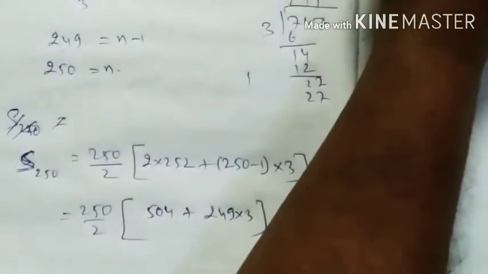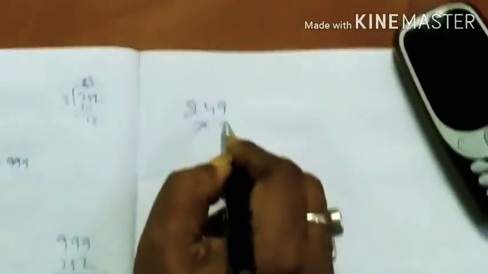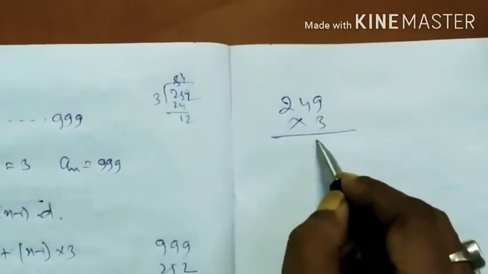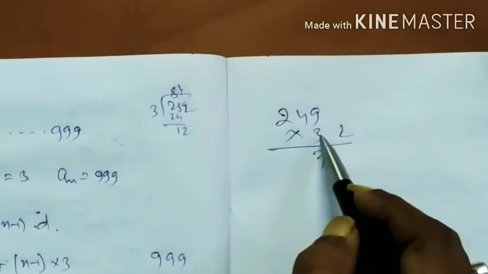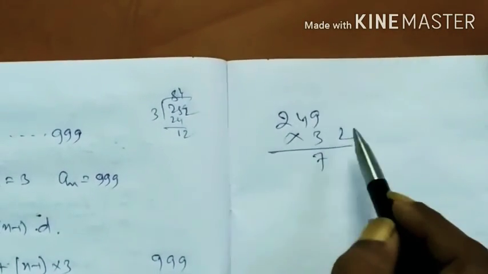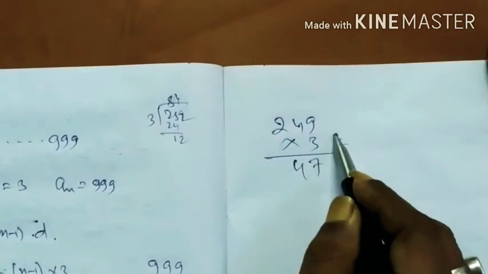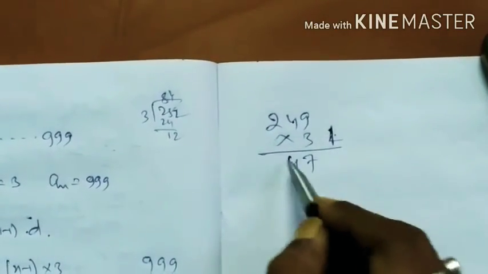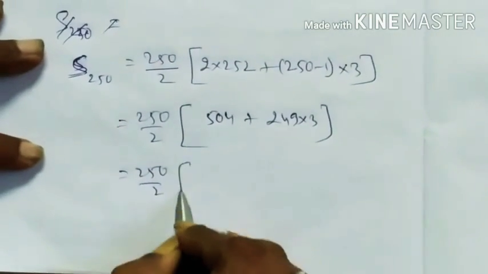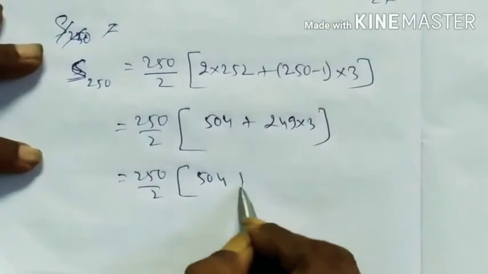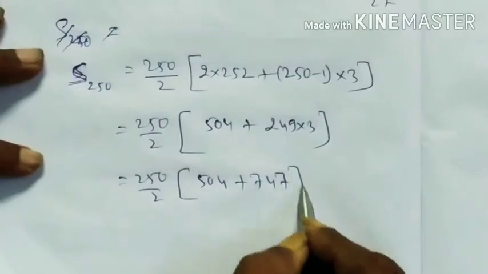Now 249 into 3 is 747. So 250 by 2 into 504 plus 747.